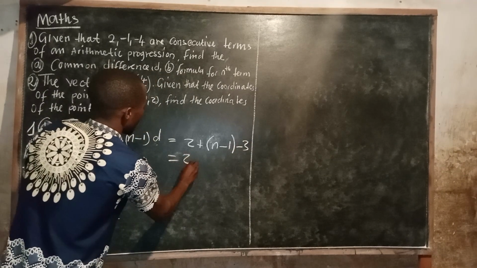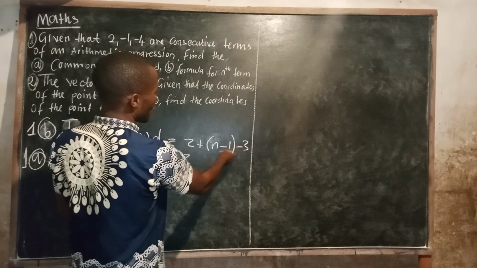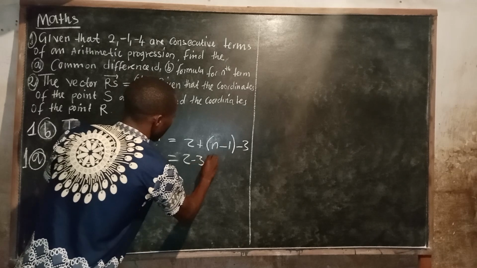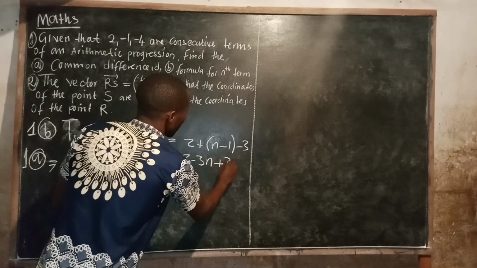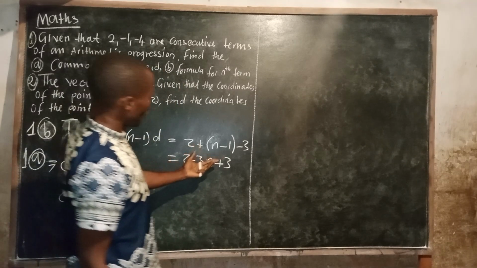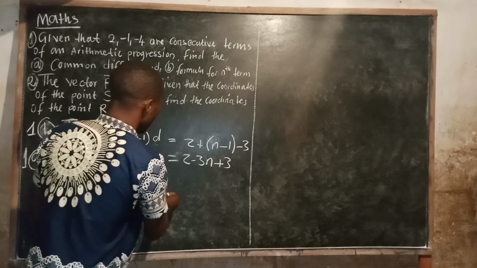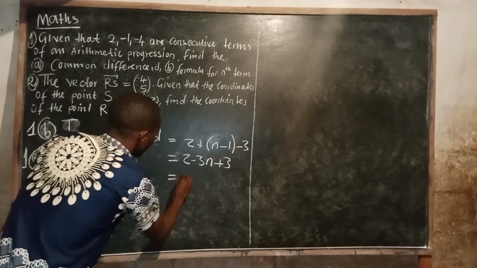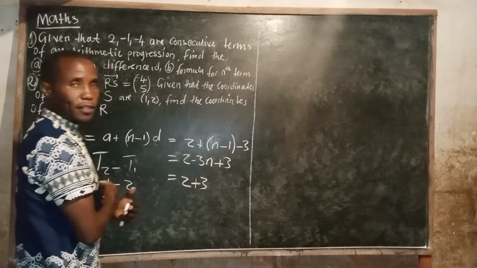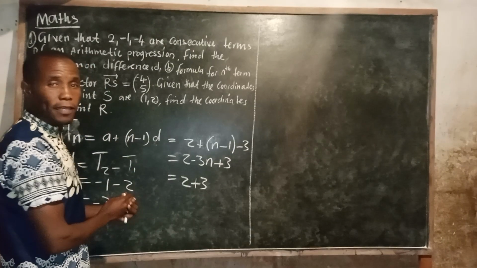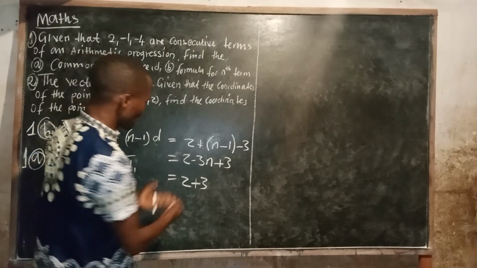From there, we can simplify this. Just multiply negative 3 times n, which is negative 3n. Then negative 3 times negative 1 is positive 3. We wanted to get rid of these brackets, which we have done. Then from there, we can collect the like terms. We have 2, and this one will come here, positive. We are just rearranging them; there is no equal sign in between that may affect the signs of the numbers.